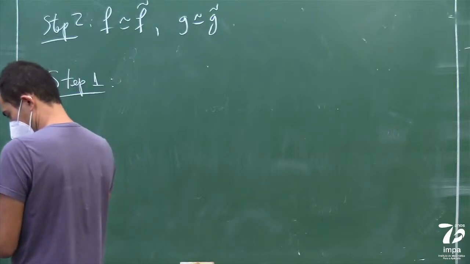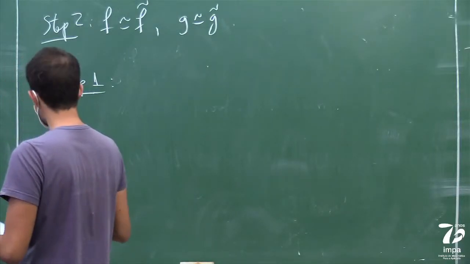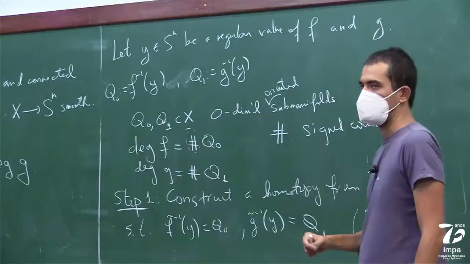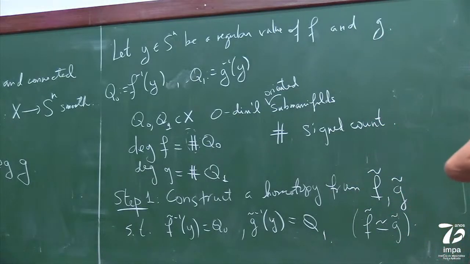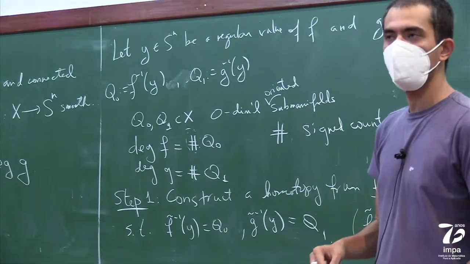Okay, so I have Q0 and Q1, which are finite sets of points in X. They have the same number of points. Well, it's not exactly the same number, but the same number with signs.